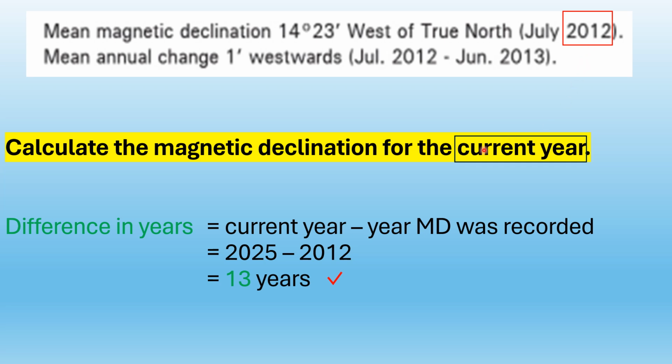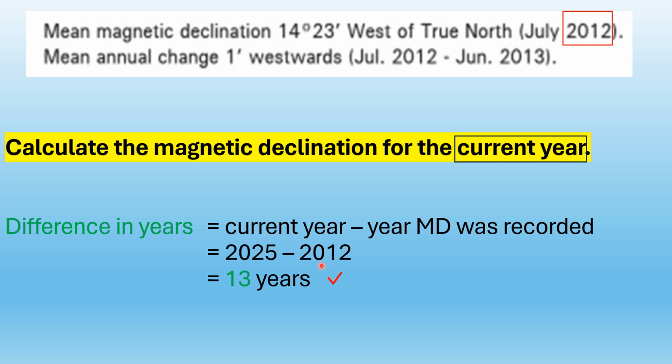First step is to work out how many years have passed, and we call this the difference in years, and that is calculated by taking the current year, which is 2025, and subtracting the year on which magnetic declination was recorded.